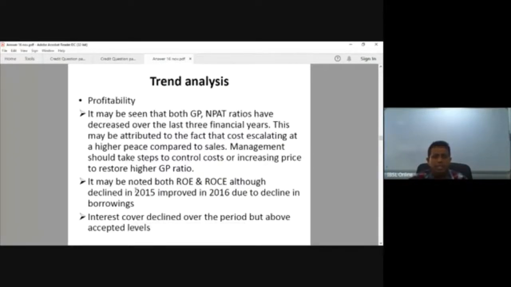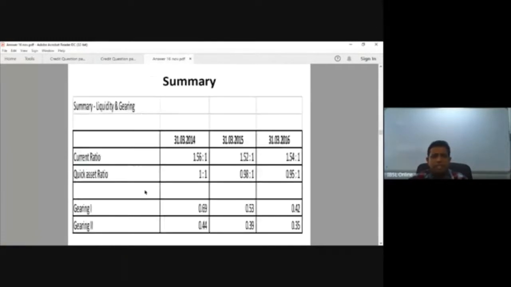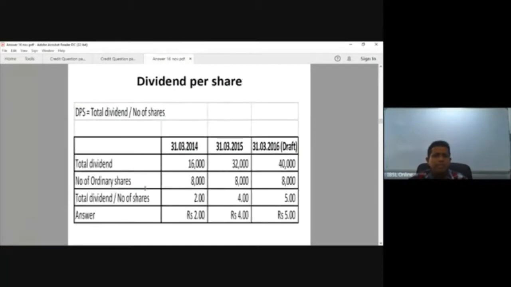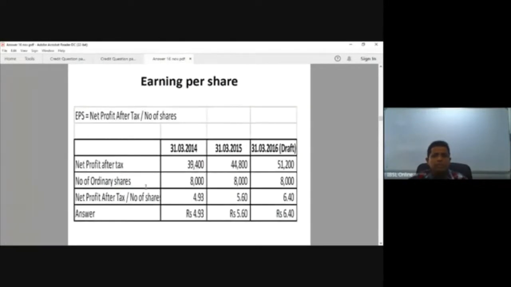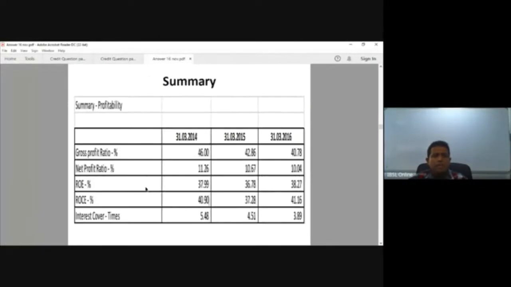Then interest cover declined over the period, but is above the accepted level. Interest cover, if you go to interest cover here, in 2014, the company was in a position to repay the interest 5 times, almost 5.5 times using their profits. But in 2016, it has been reduced to 3.89.